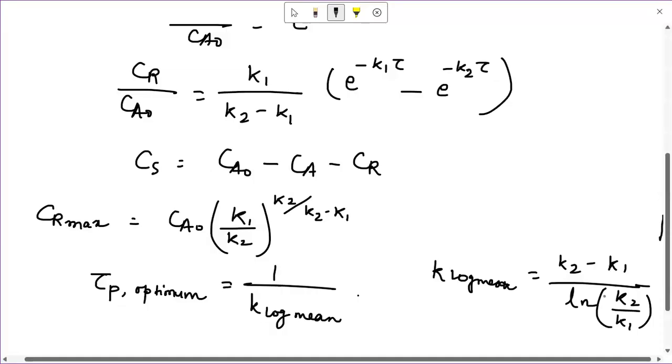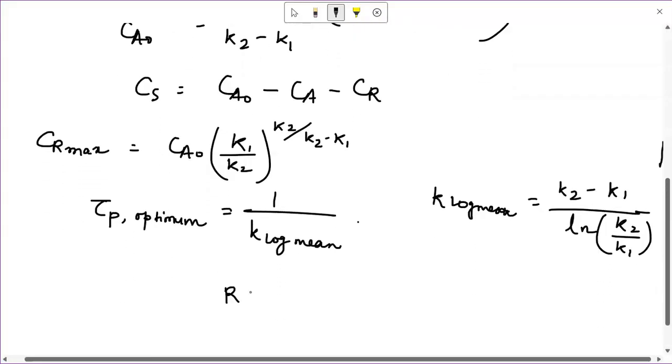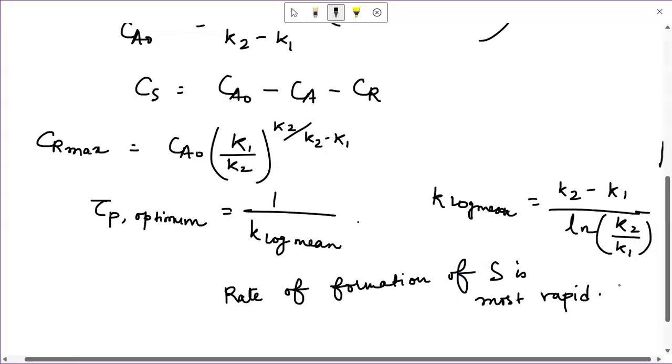Okay, this tau p optimum is also the point at which the rate of formation of S is most rapid. Okay, rate of formation of S is most rapid. This is for plug flow reactor or batch reactor.